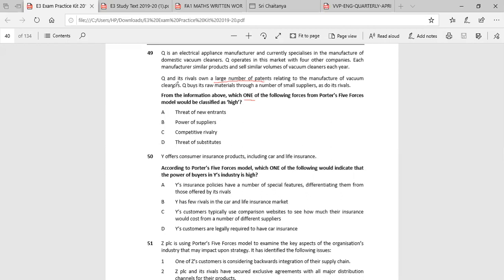So it's focusing on the patents. It is the number of patents they have, the advancement which they have, the strategy which they are adopting. Either it could be on account of cost cutting, or it is about the research and development. Here it is about the patents, the rivalry. So rivalry, when it is the issue, C is the answer. Okay, C is the answer.